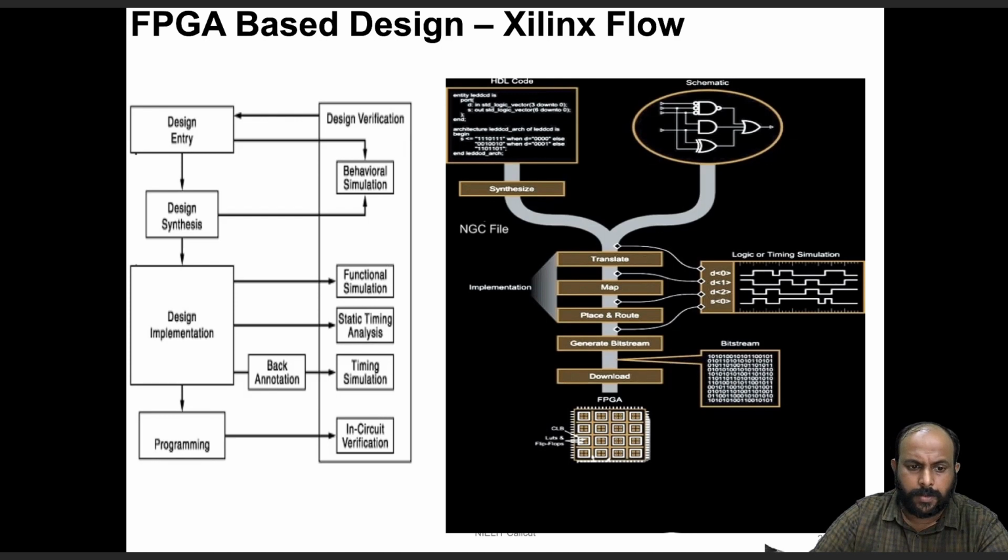For example, functional simulations are done, layout versus schematic checks are done, and static timing analysis is done. If there are any timing violations, they get back-annotated to the design implementation stage, where they get corrected by the designer. Once everything is foolproof, the bit stream is generated and dumped onto the FPGA for in-circuit verification or emulation. So that is the FPGA design flow.